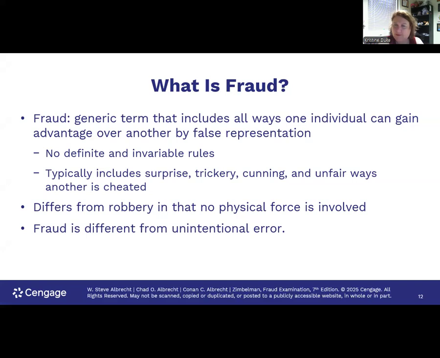I like that one. Let's write that one down. We're going to say Duke's definition: deception in order to gain something they're not entitled to, which is really sad. It's not robbery because there's no physical force. It's not an unintentional error. It's not a mistake. People make mistakes.